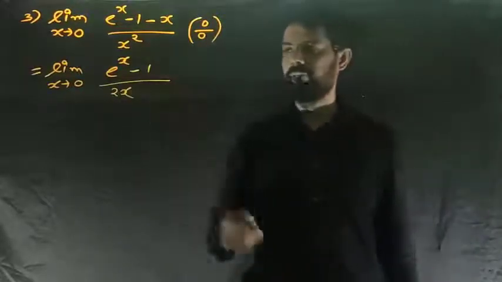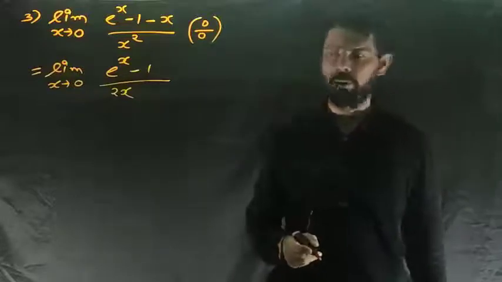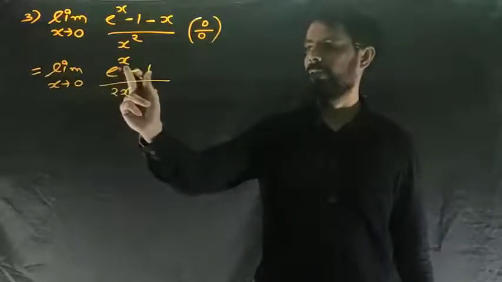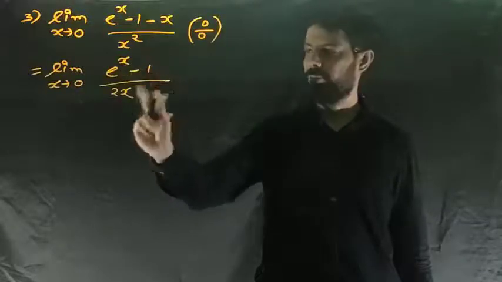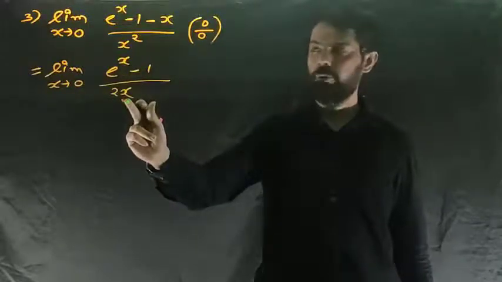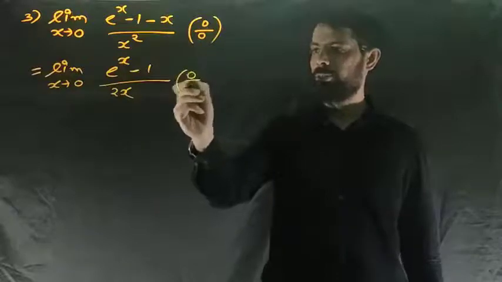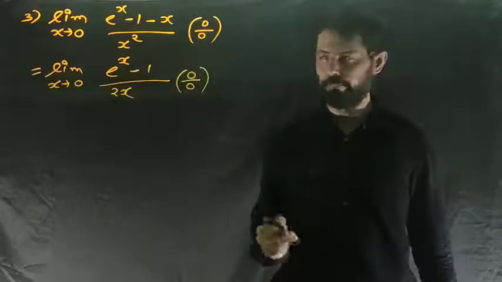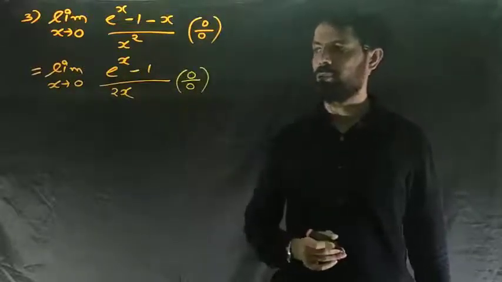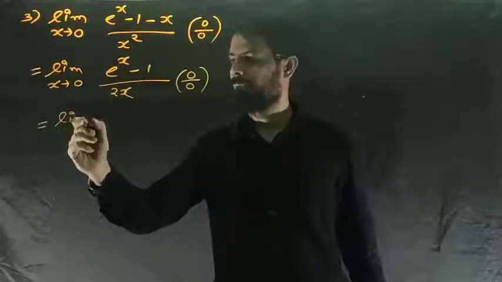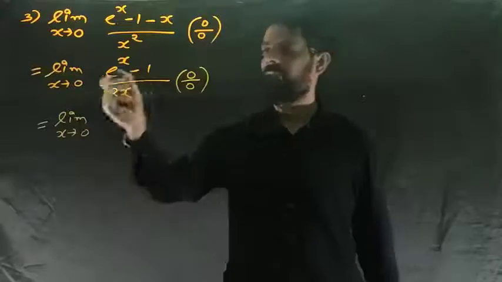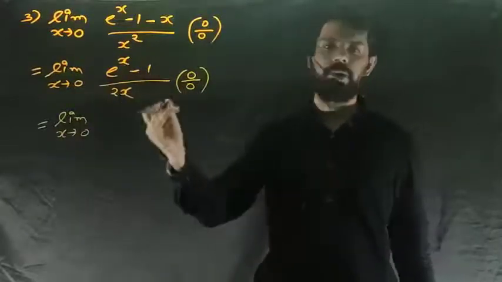Again we will check whether it is 0 by 0 form or not. Replacing x by 0, e raised to 0 is 1, 1 minus 1 is 0, and the denominator is also 0. So it is still 0 by 0 form. So again we will use L'Hôpital's Rule, taking the derivative of numerator and denominator separately.